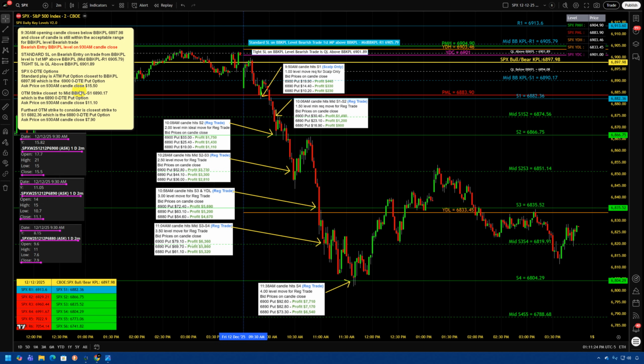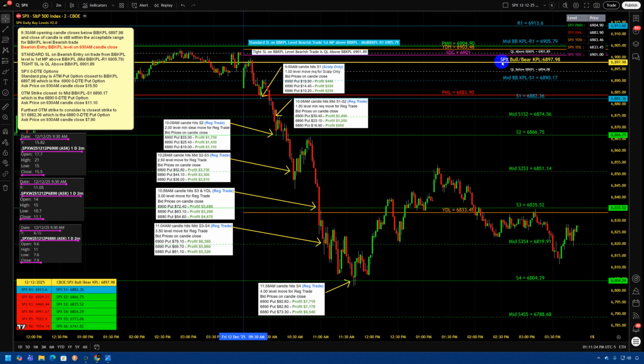Okay, so here we're using 0DTE options. How you figure out what are the other two option strikes you can use. So we have the one standard play at the money closest to the level we're taking the trade from. That's the 6,900 strike because we're taking the trade off at this level.